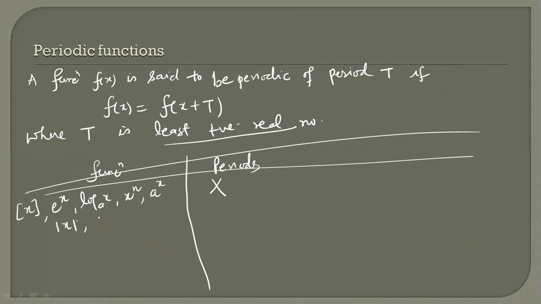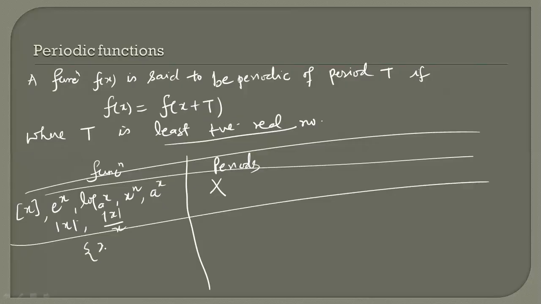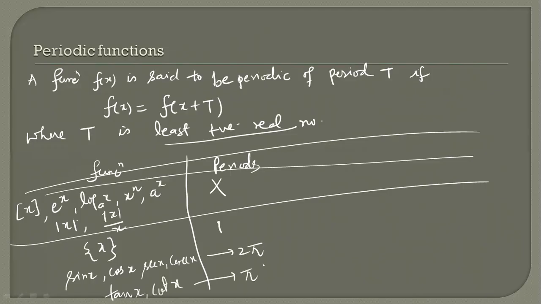Mod x and the signum function are also not periodic. The fractional part function is periodic with period 1. Sin x, cos x, sec x, cosec x are periodic with period 2 pi. Tan x, cot x are periodic with period pi.